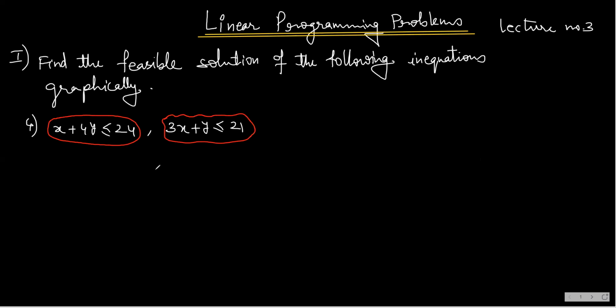That is, you shall find the set of points in the xy plane which simultaneously satisfy this linear inequation as well as this linear inequation. So this we had done in the last lecture.